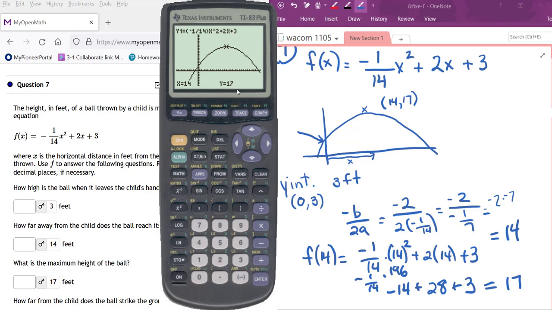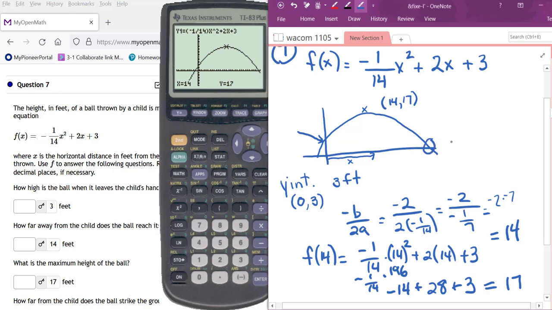And we have one more question, and that is how far from the child does the ball strike the ground? That is over here on your picture, which is going to be your x-intercept. This is not one that I really want to solve by setting it equal to 0, so we're going to try to use the calculator here.